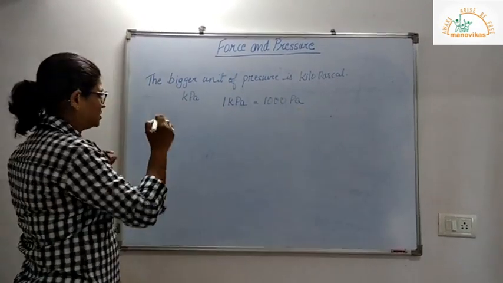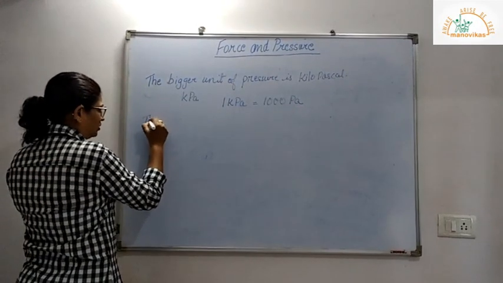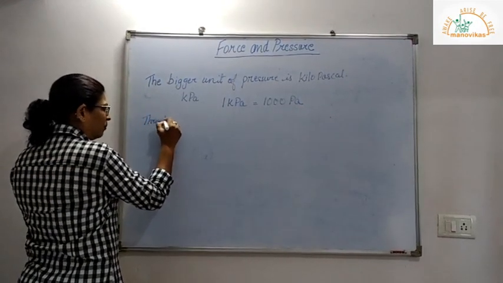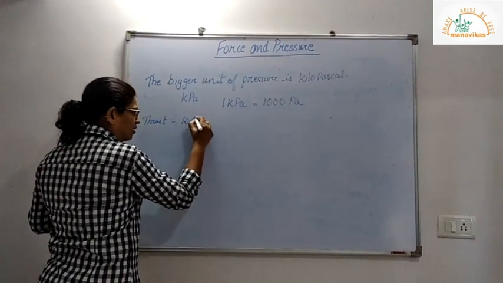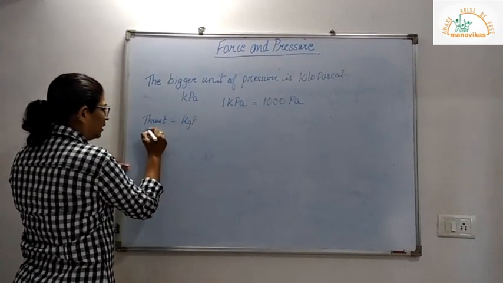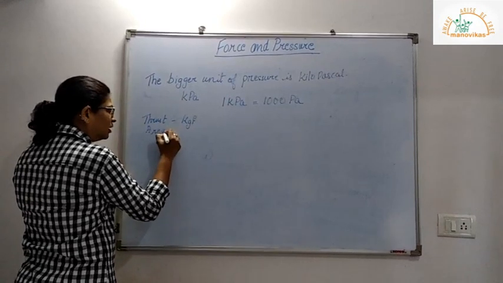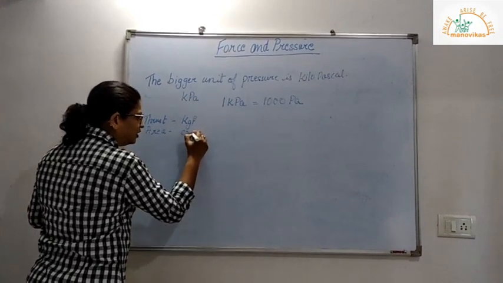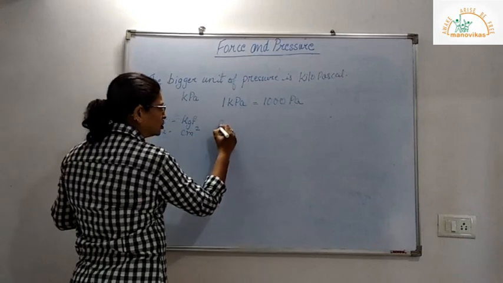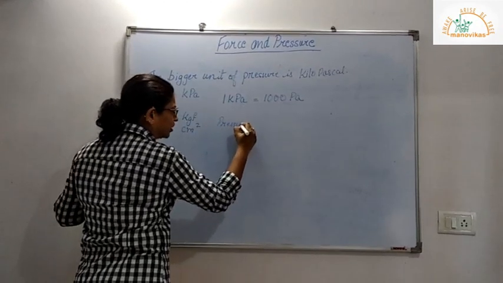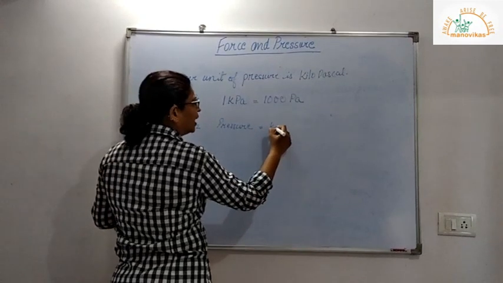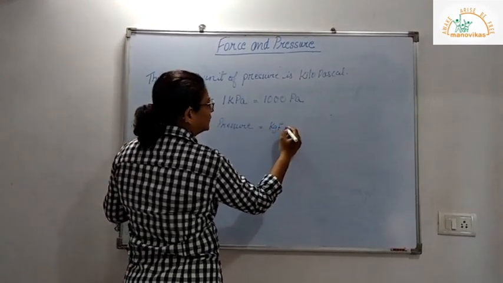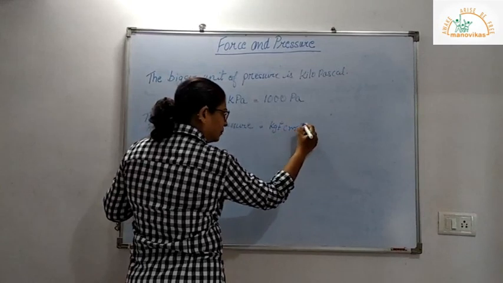Now if the thrust is measured in kgf and the area is measured in the unit centimeter square, then our pressure is expressed in the unit kgf per centimeter square.